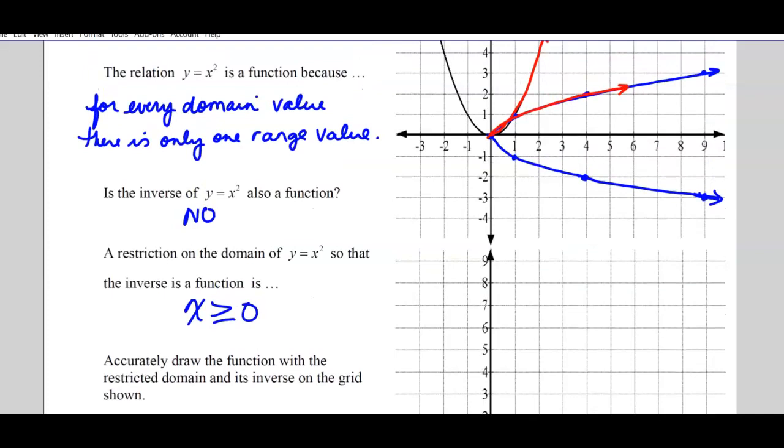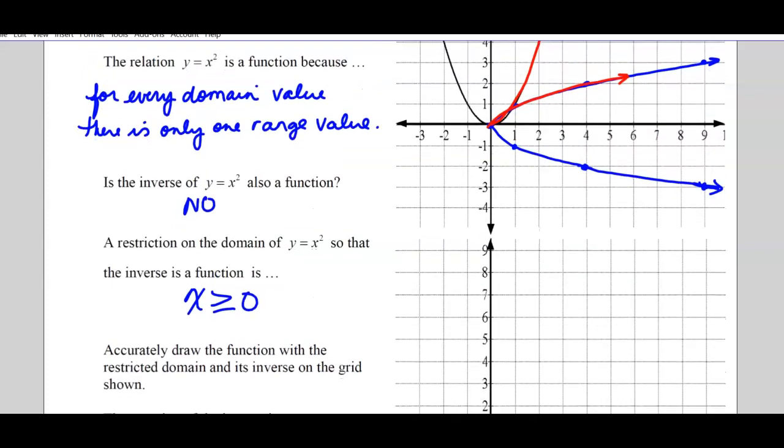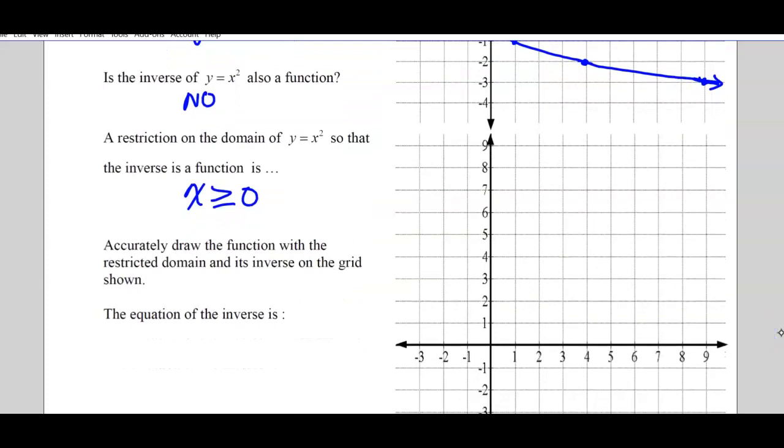That equation of the inverse, I graphed it in red. If you're using pencil, it's a little bit hard. Maybe you have a different color, and just trace over it. If we think about it algebraically, we start with y equals x squared. The inverse is x equals y squared, and we solve for y. It will be plus or minus root x.